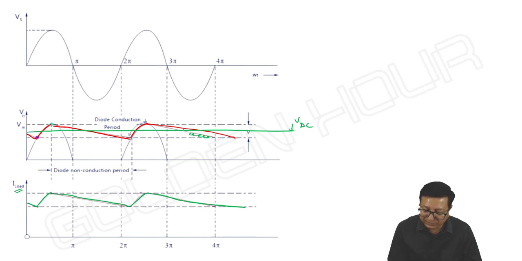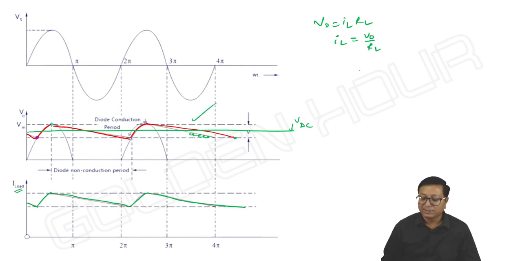It should go this way. This is how we can see, because V output is equal to IL into RL, or IL is equal to V output by RL. V output shape is something like this triangular waveform, and IL is also a triangular waveform. This is one important point to be observed.